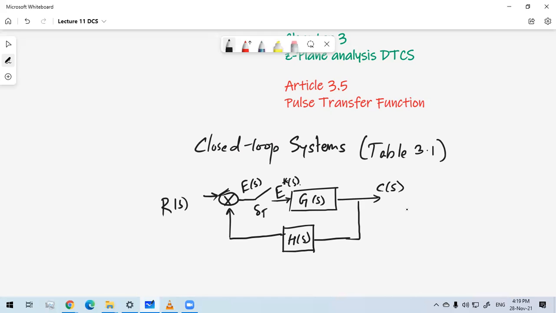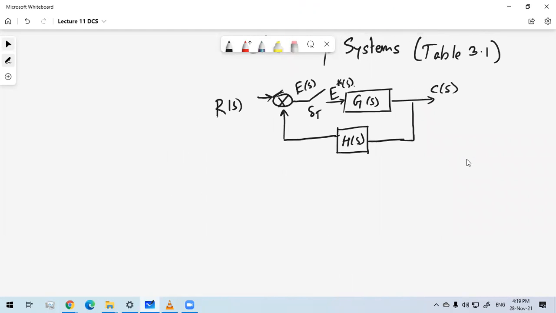Now, how can we have the equivalent system, or equivalent transfer function, of this particular system? Again, the idea is very simple. Just write the equations as they are. The error is basically the reference minus the feedback of the output. What is our output?